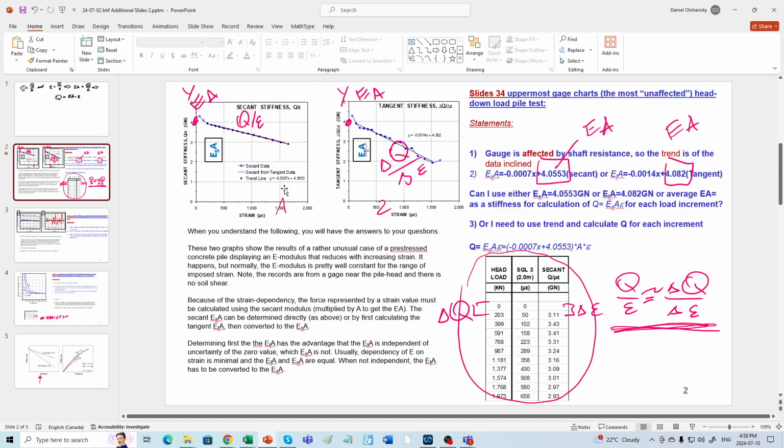You see, you have here 0.0007, 0.014, so double.